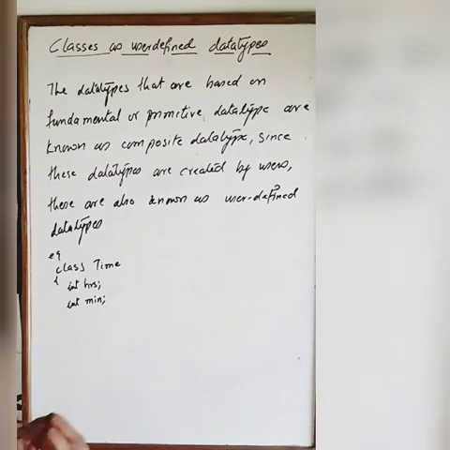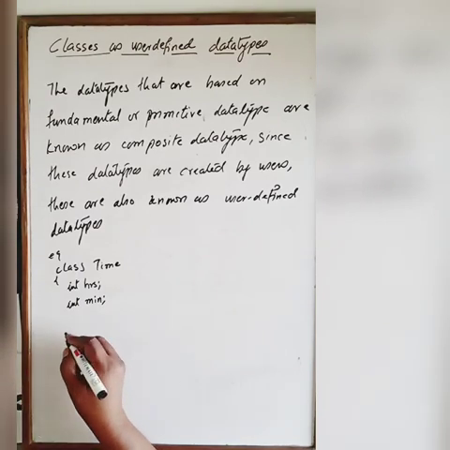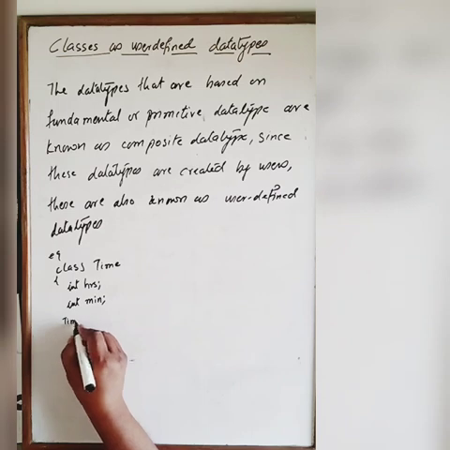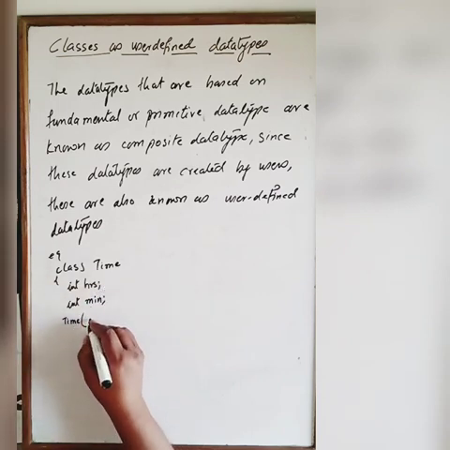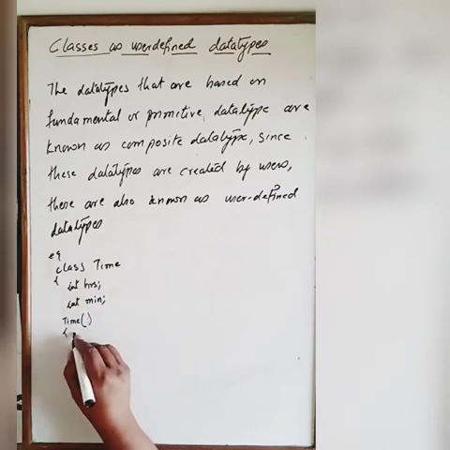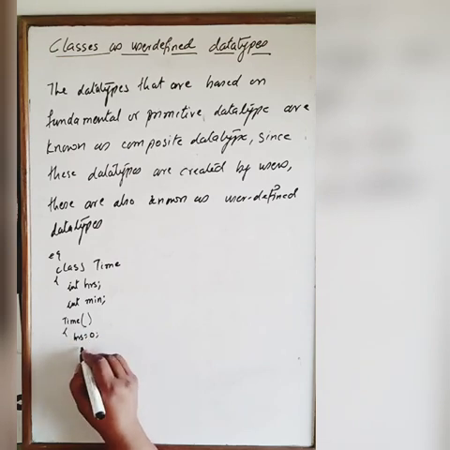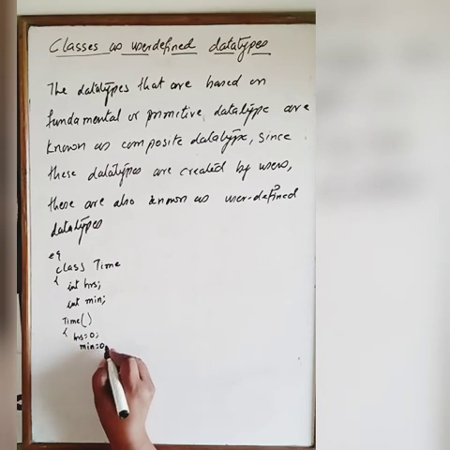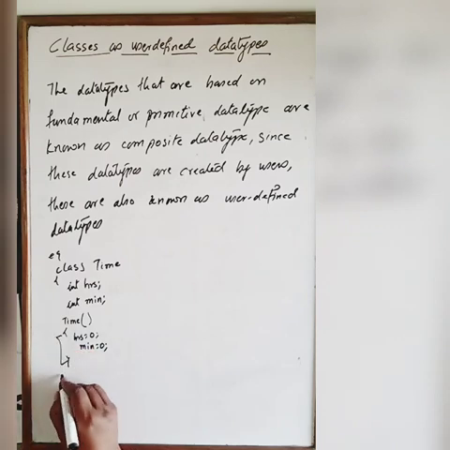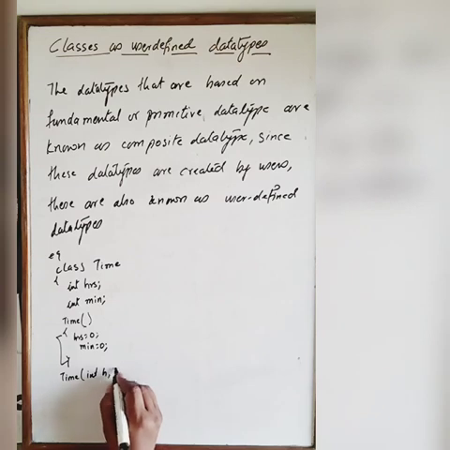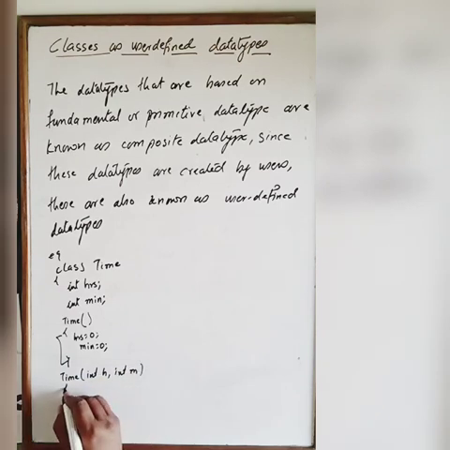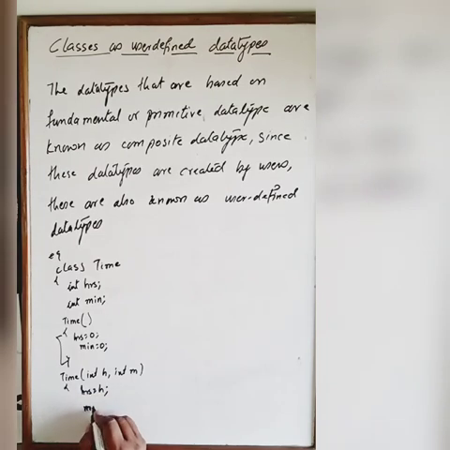Here we have two constructors having the same name as the class. One is non-parameterized, with hrs assigned 0 and min assigned 0. The other is a parameterized constructor, int h and int m, with hrs equal to h and min equal to m, and this class is closed.